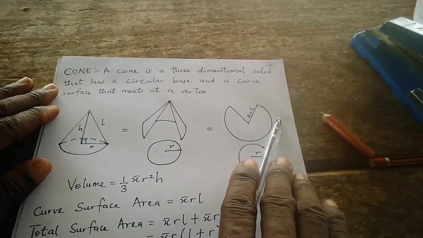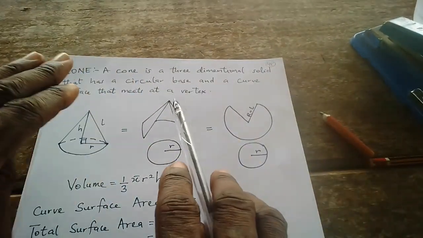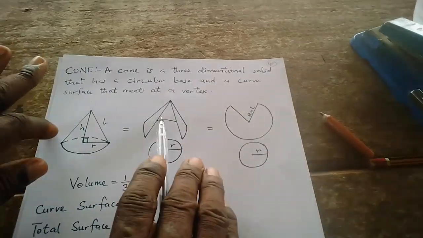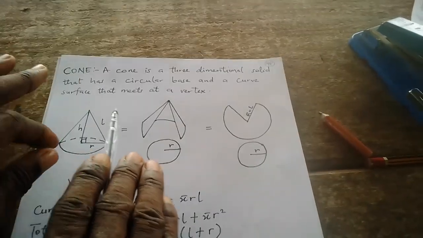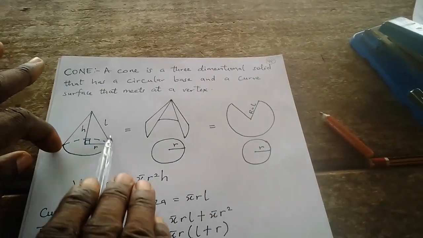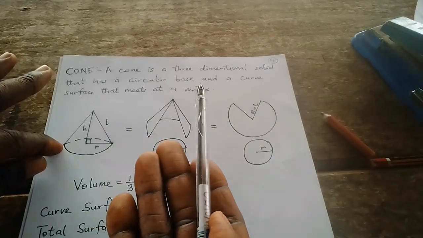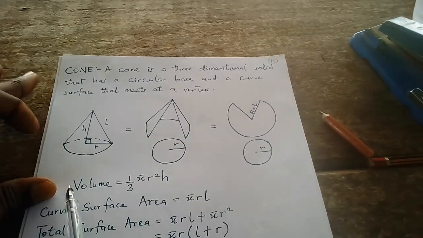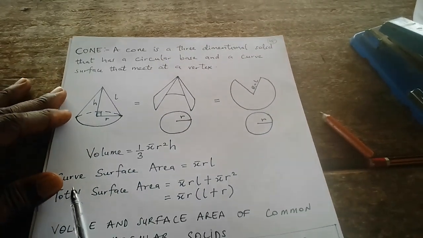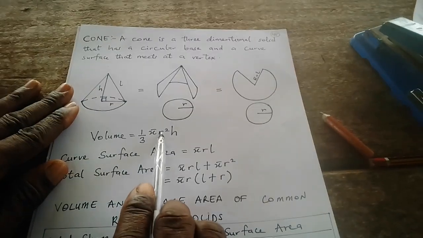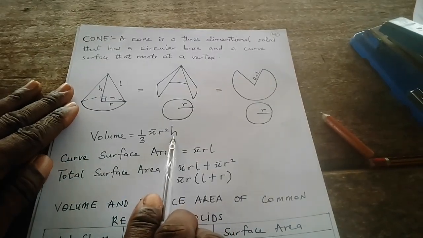A sector of a circle is what is bent to now form this face here. So when you join it together here, you form a cone, then close it at the bottom with a circle. So the volume of a cone is 1/3 pi r squared h.